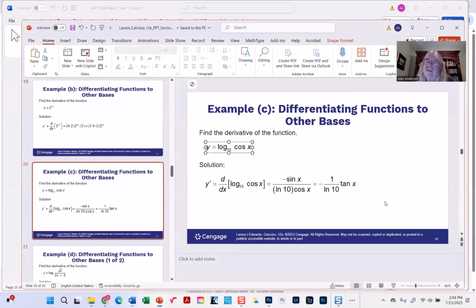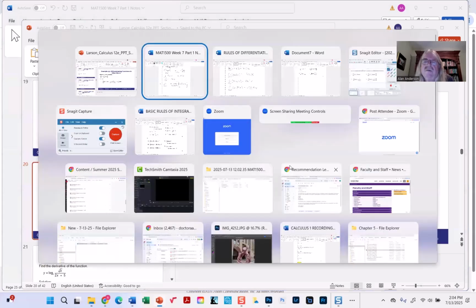And you know what they did? Those clever guys went ahead and replaced sine x over cosine x with tangent x. It's the same thing.